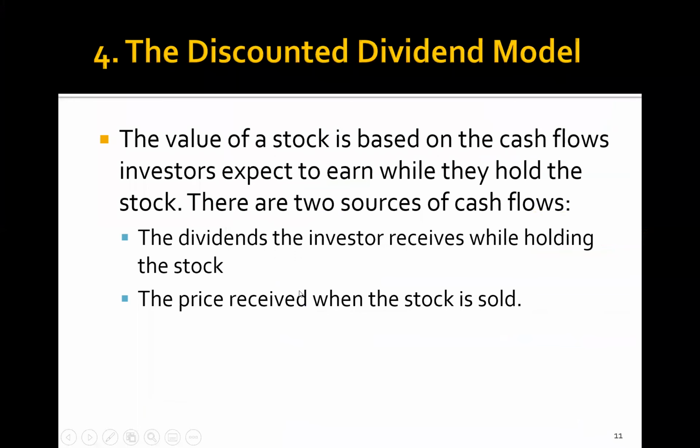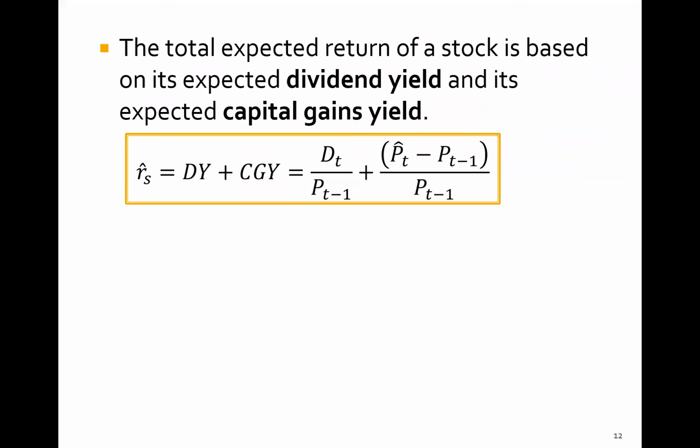When you sell the stock, you would hopefully have seen an increase in the stock price. If the stock price goes up, you earn a positive return. If it has gone down, you would earn a negative return from that price change. So we're going to use this equation to represent the total return that you can expect from a share of stock.